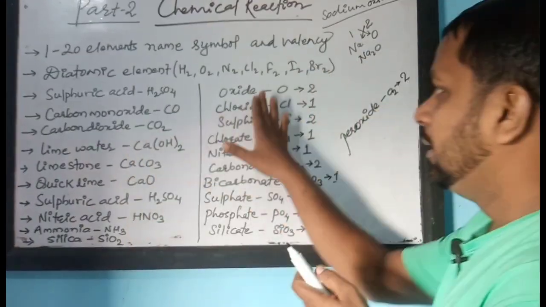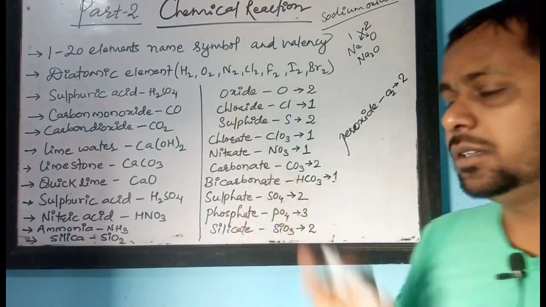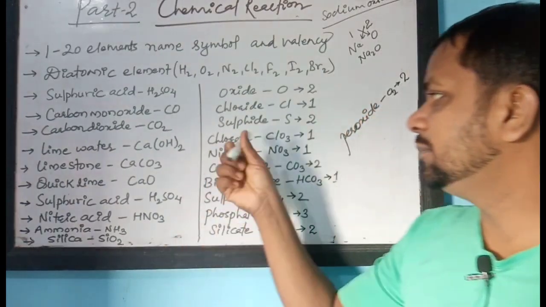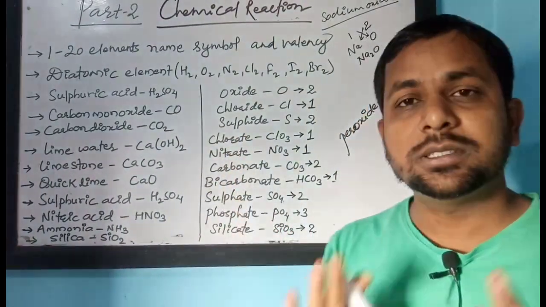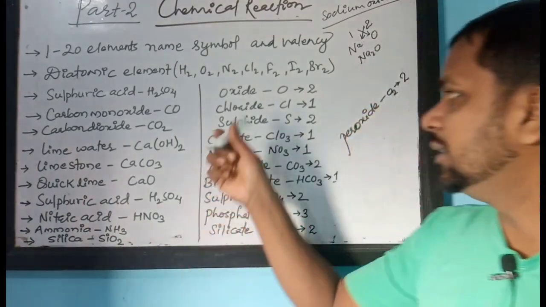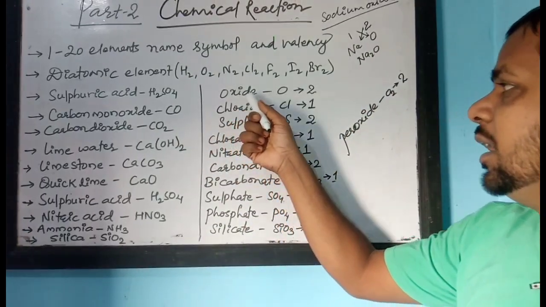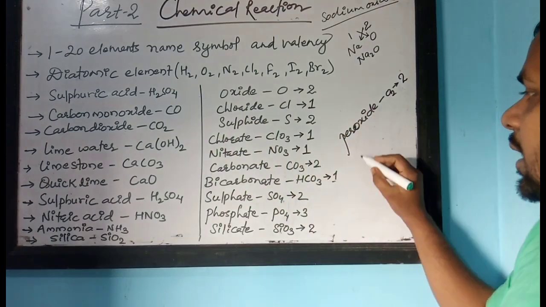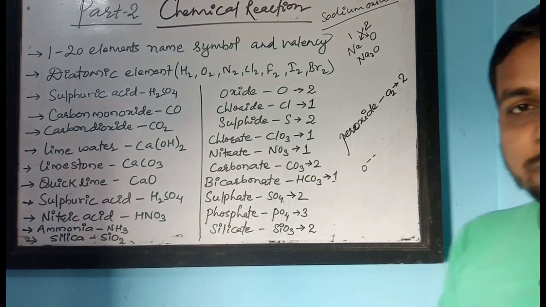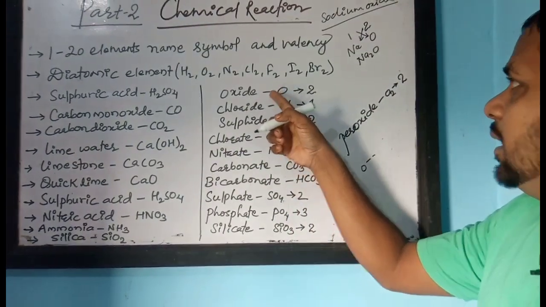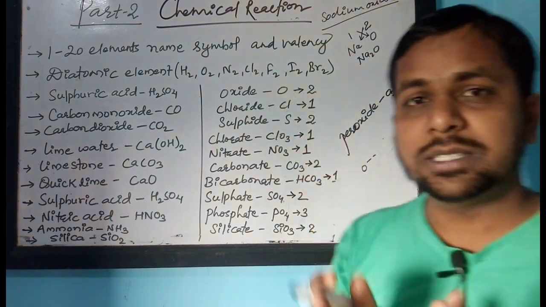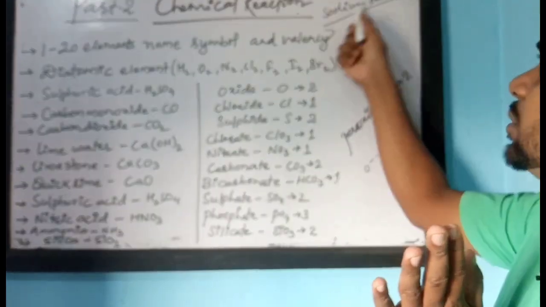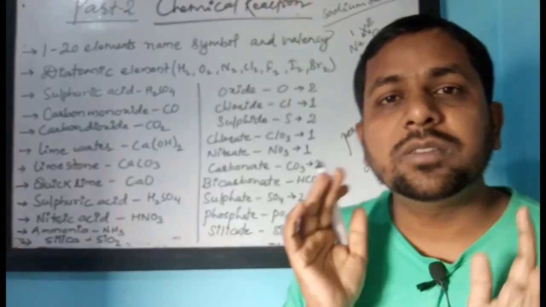Okay, next, we should have knowledge of some radicals. Here are some formulas for our level. At least these formulas we must know, and their valency. Oxide, actually, the oxide symbol is O minus minus, but when we are using it in a word equation, if sodium oxide is written, then what is the formula for that?